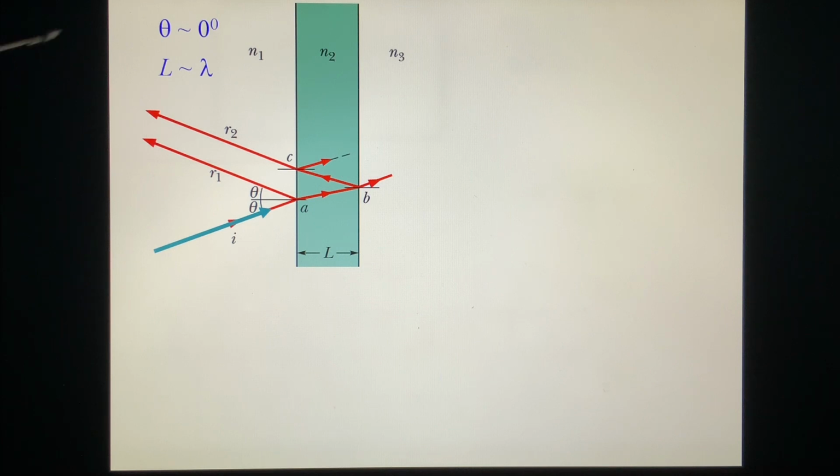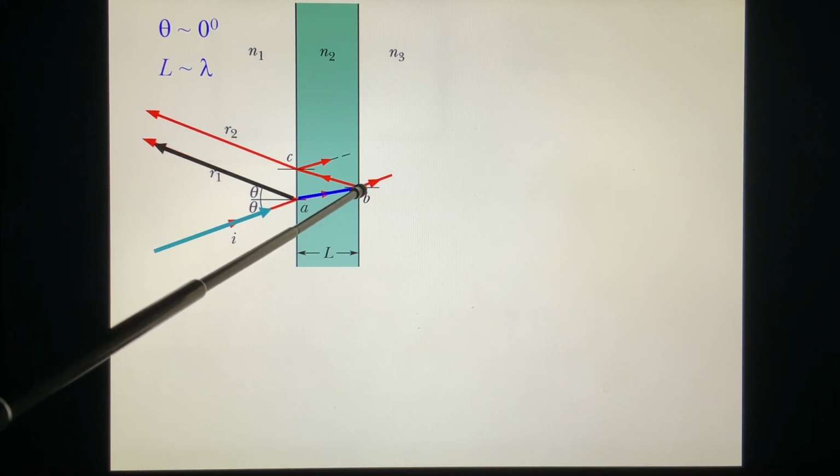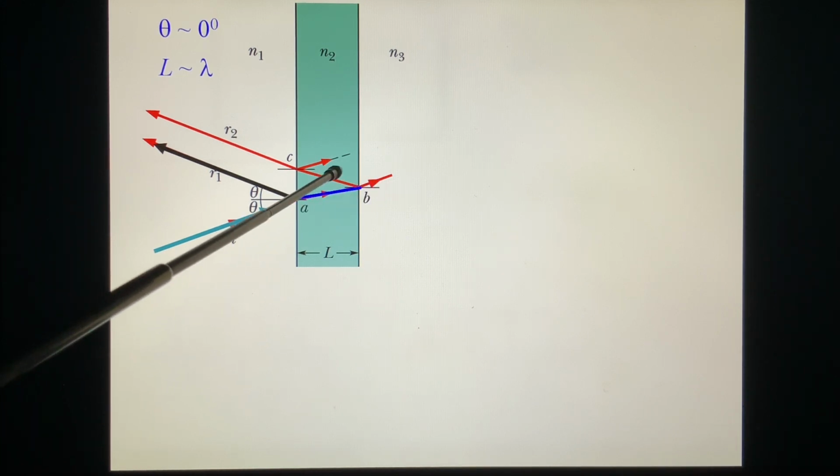Now, we are looking at this film in front of us. Two rays get into our eyes. One is reflected directly from this surface, the black one. The other one is refracted at this border and hits point B. At B, it has two branches.